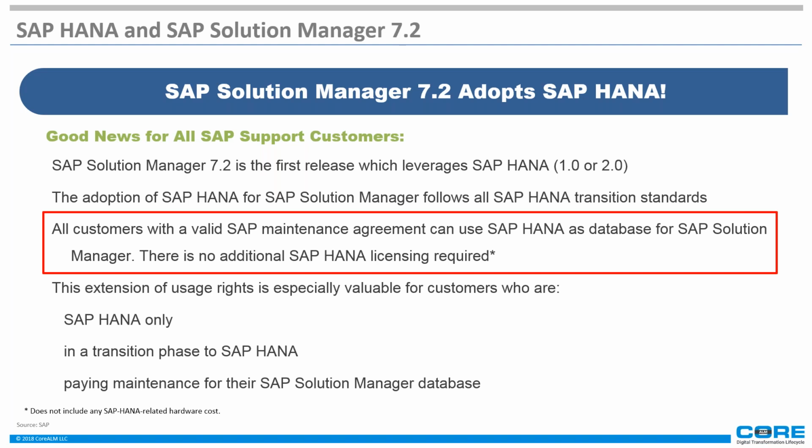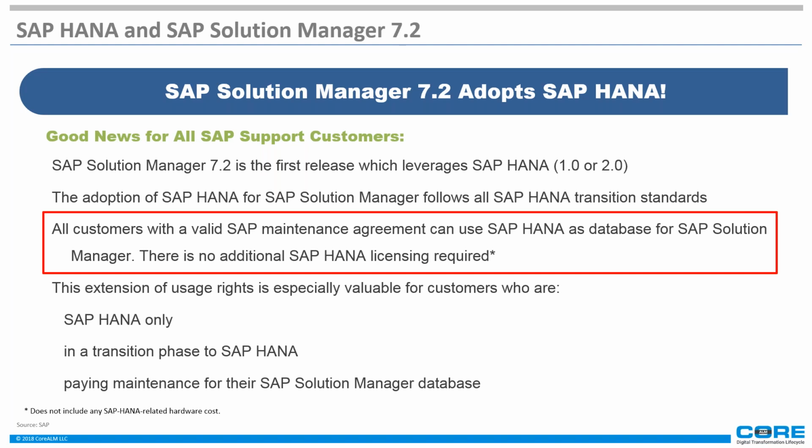So 7.2 does take advantage, and we'll see some metrics in a little bit as far as improvement, space, and all those things. What's important is that recently, even though it's the NetWeaver 7.40 release, Solution Manager supports HANA 1.0 or HANA 2.0. That's a recent development as far as HANA 2.0.